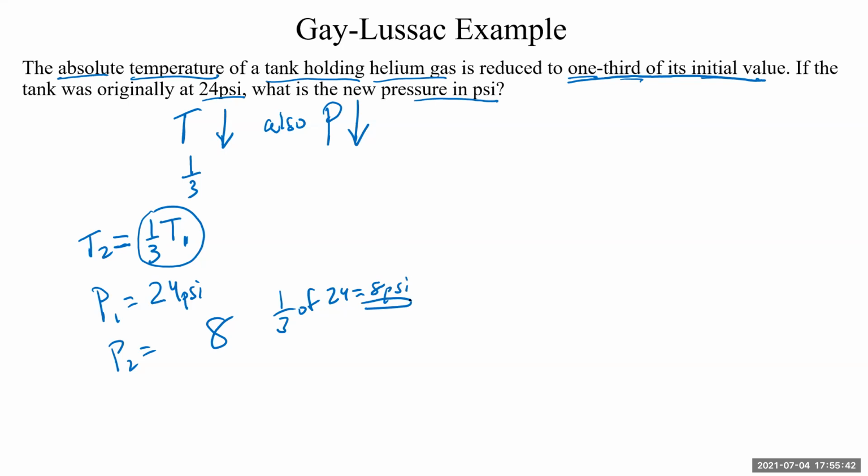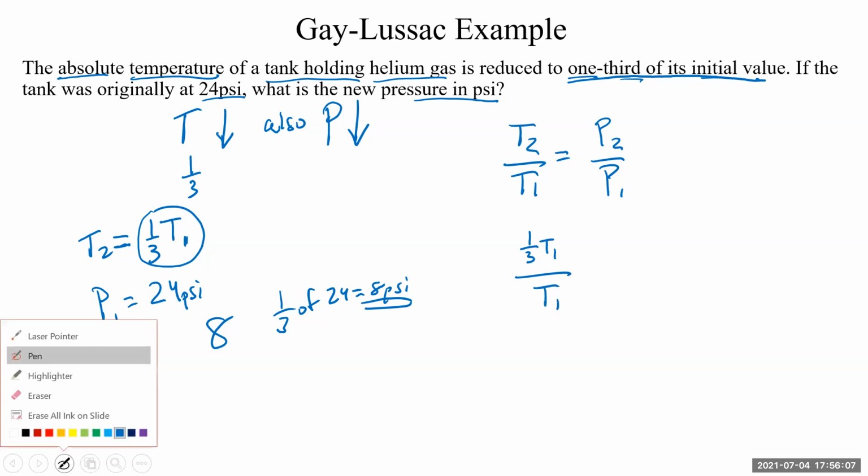However, if you want to do the math, if you want to do this systematically, that of course is perfectly understandable. So let's do that. Let's take T2 divided by T1 equals P2 divided by P1. Well, T2 divided by T1 is the same thing as 1/3 T1 divided by T1.